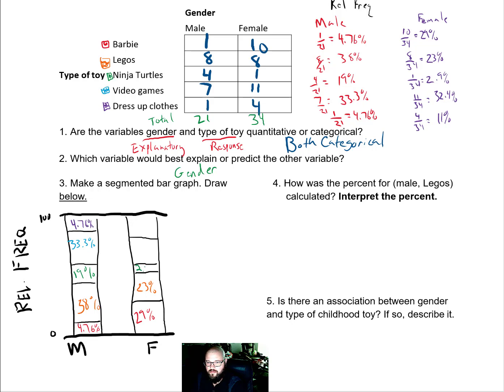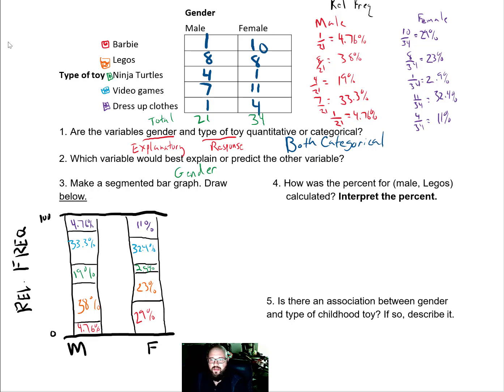Poor Ninja Turtles, only 2.9% of the girls liked them. Alright, and then we got video games. At least the ladies like the video games still, so 32.4. And then our last little bit here with the dress-up clothes, only 11%. Which is a little bit more than the males in that case.